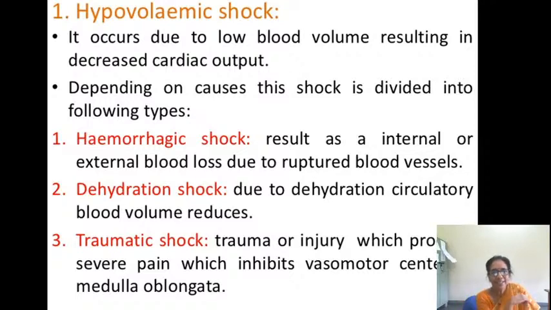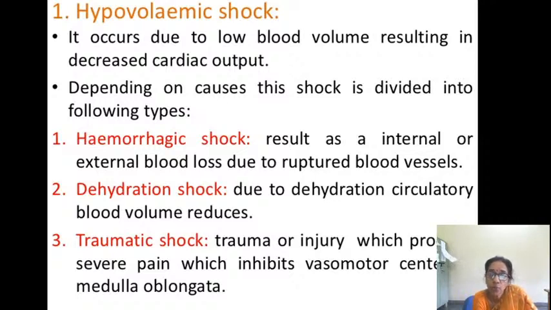Next one is the dehydration shock. Dehydration shock means your body is having dehydration because there is fluid loss, leading to low blood volume. This fluid loss could be in GIT, you can say diarrhea or vomiting.